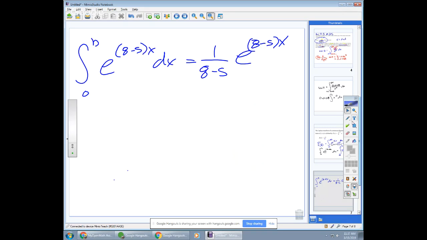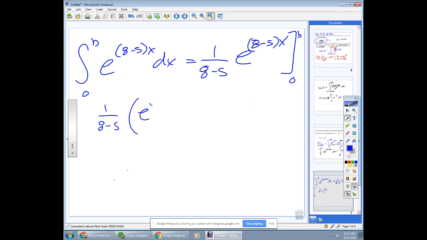This. So I need to now evaluate that from 0 to b. All right, let's do that. So let's see. What's my variable of integration here? X is my variable of integration, yep. So everywhere there's an x, I'm going to replace it with a b. Well, there's only one x right there. So then I get 1 over 8 minus s. That's a constant. I'll just pull that out.